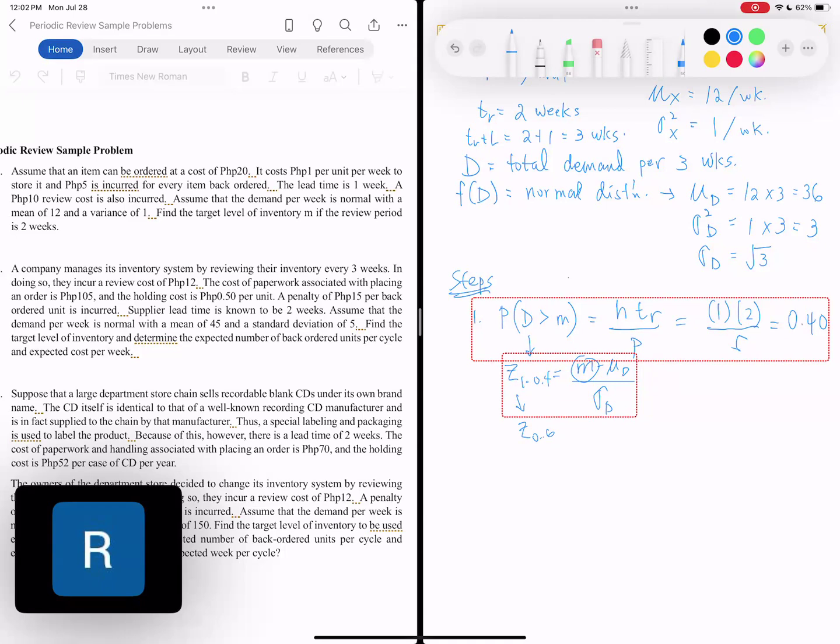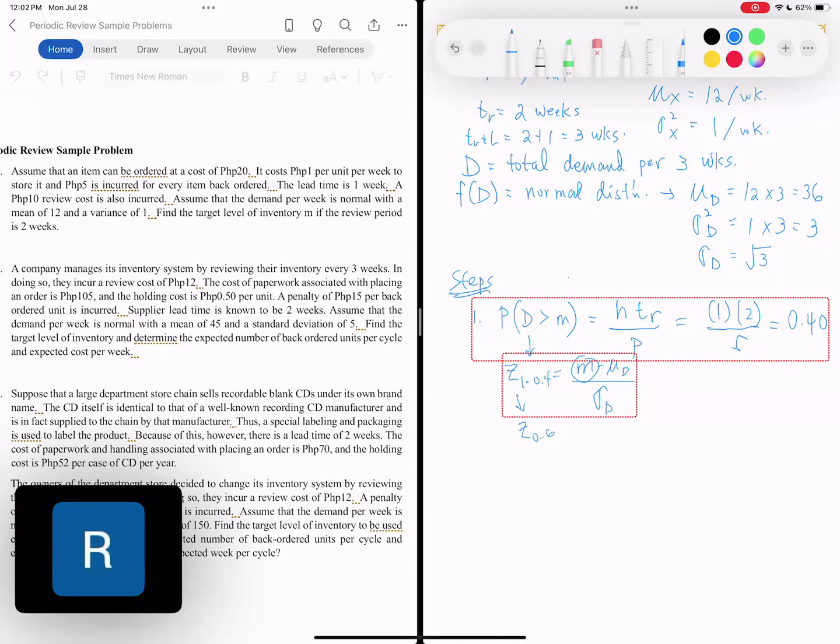Now, if that probability happens to be exactly in between two z values, that's the only time you interpolate. But if it's not in the middle, then you just get the nearest z value if there are no instructions. If you see a z table, then automatically you use the z table.